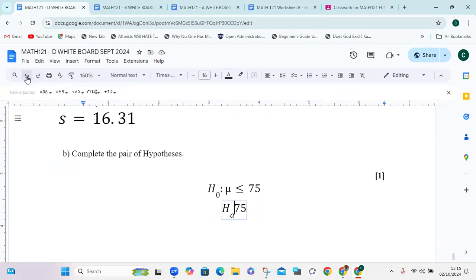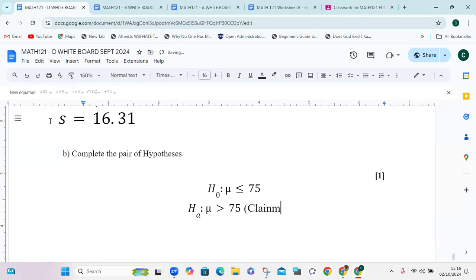To complete the pair here, all we need to do is include the greater than sign, okay? And we can label that as the claim. The claim is the alternative hypothesis, and that will complete the pair.